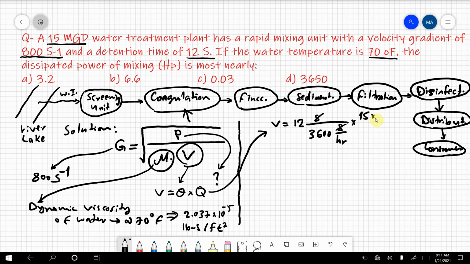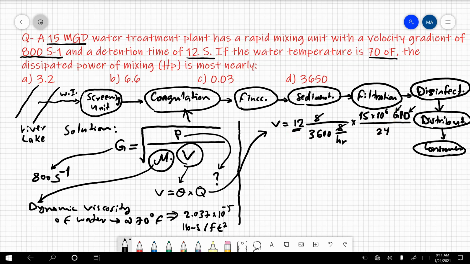Let's convert the million gallon per day to gallon per day. And since we converted our seconds to hours, let's also convert our day to hours by dividing by 24. And we have gallon here.